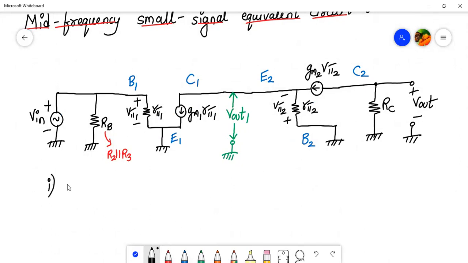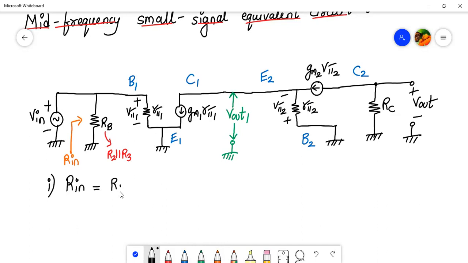Let me mark over here R in, the input resistance. Input resistance is looking at the base terminal. This is R in. So what do you see in R in? RB, which is R2 parallel to R3, and again we have a resistor R pi 1. So it is RB parallel to R pi 1, straightforward from the mid frequency small signal equivalent circuit.